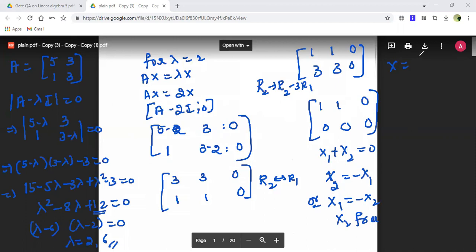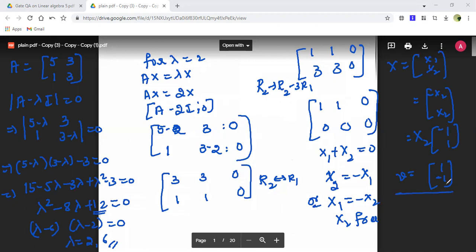So if I write the solution, x is equal to [x1, x2], where x1 is minus x2 and x2 is x2 because it is a free variable. If I take x2 out, it is [minus 1, 1]. And if I take x2 as minus 1, then this vector will become [1, minus 1]. So this is my vector v.